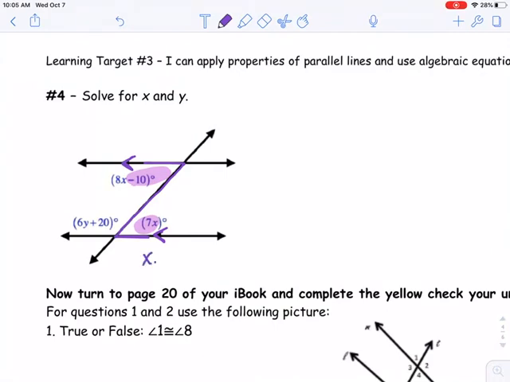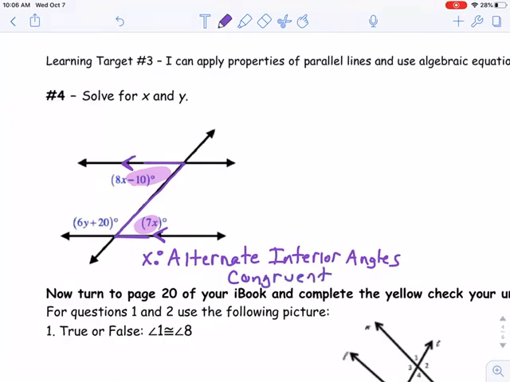So for x, I have alternate interior angles. Actually, let me write that out. And I try not to abbreviate too much, because then you forget what alternate interior angles means, or AIA. Alternate interior angles. And what's the punchline? Again, we can just kind of even tell by looking at it, but they're congruent.